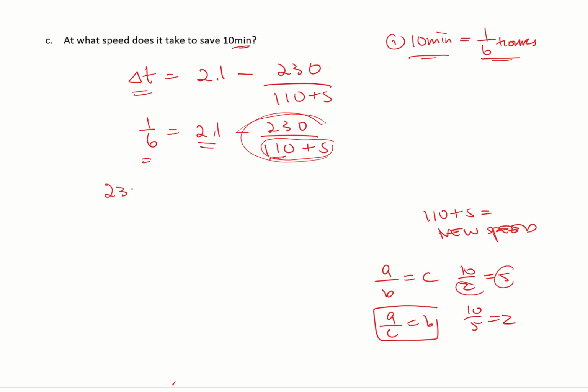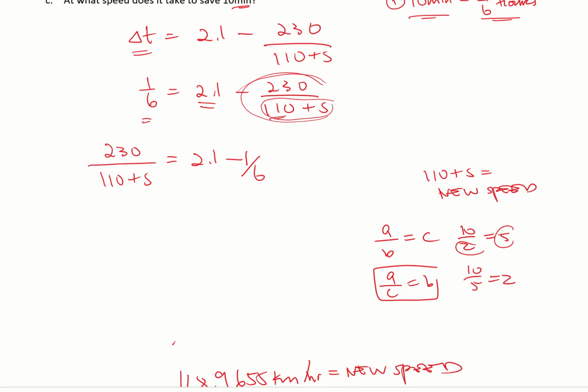So I go 230 over 110 plus S is equal to 2.1 minus 1 over 6. So 2.1 minus 1 divided by 6 gives me 1.93333. So 230 over 110 plus S is equal to 1.933333, and this is all repeating, okay?